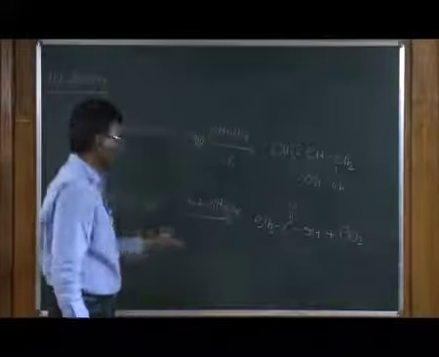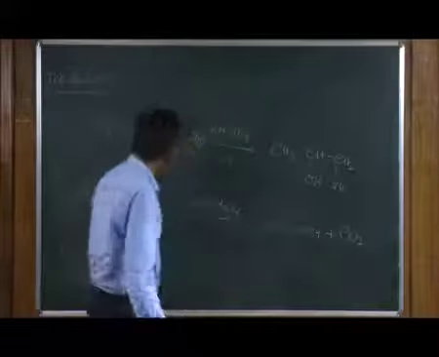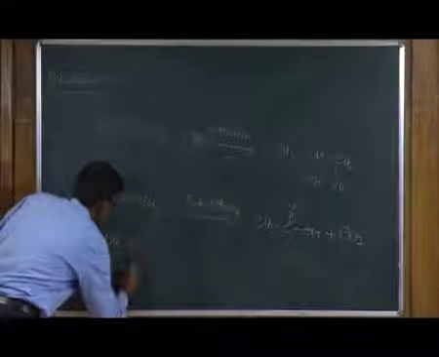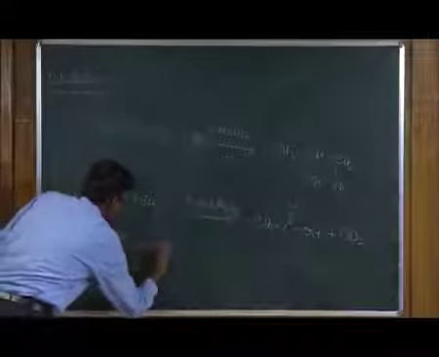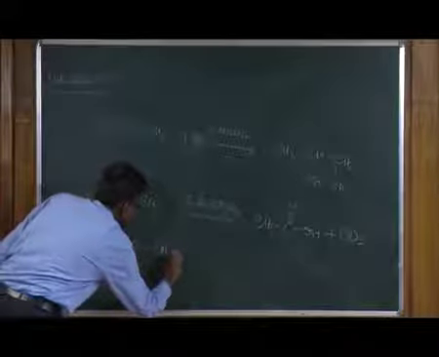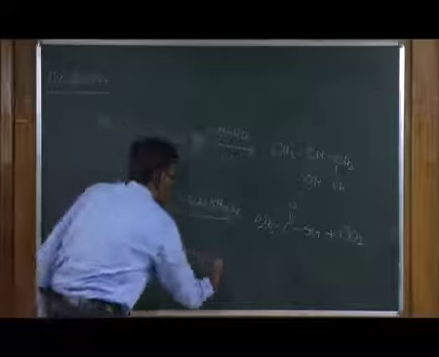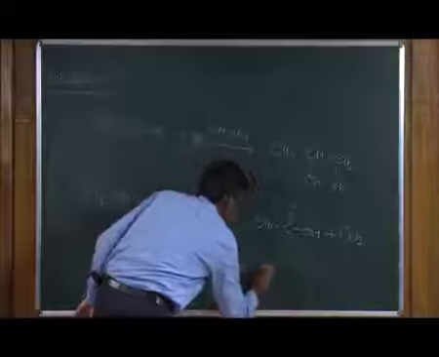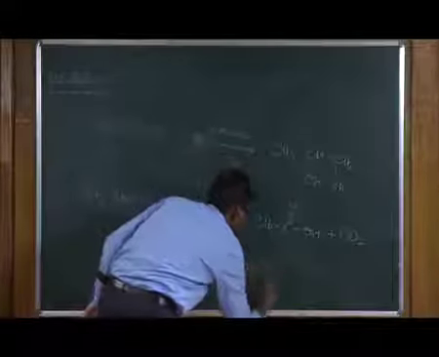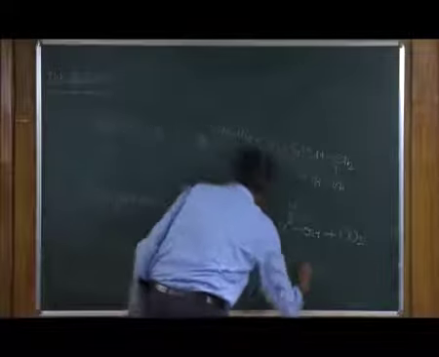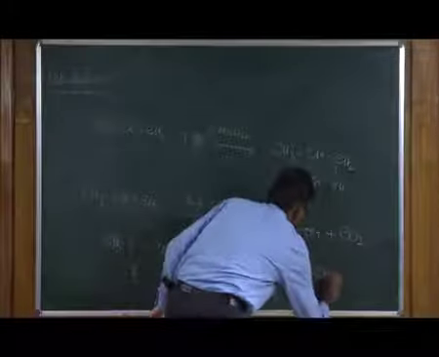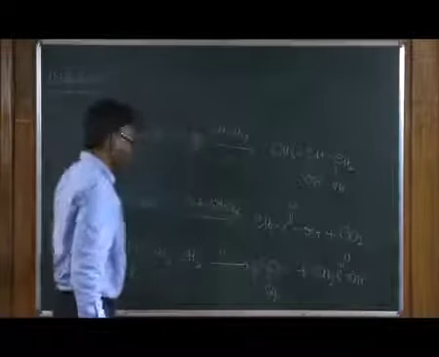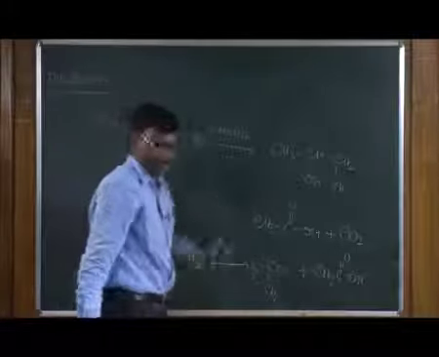For example, if you use this one, you get acetic acid and carbon dioxide, and if you use this alkene and apply these reaction conditions, you get a ketone, acetone, plus acetic acid. It depends upon the substrate, and you will get ketone or carboxylic acid or carbon dioxide.